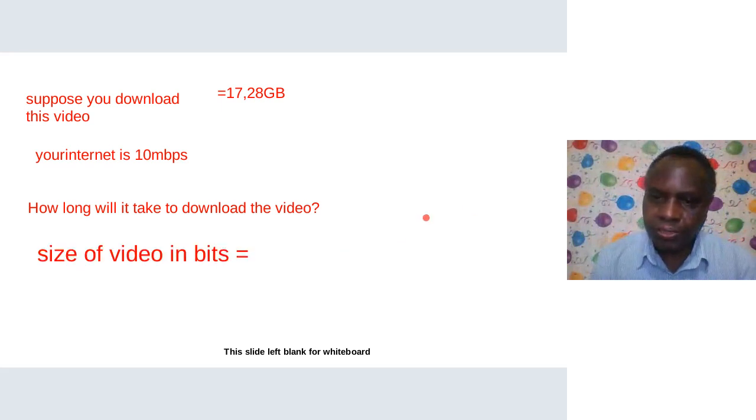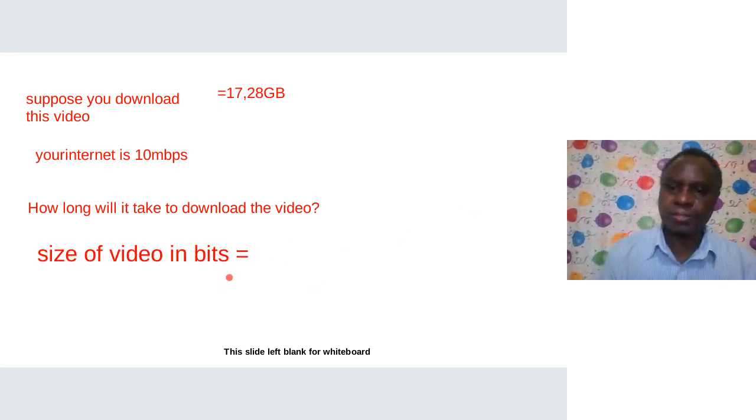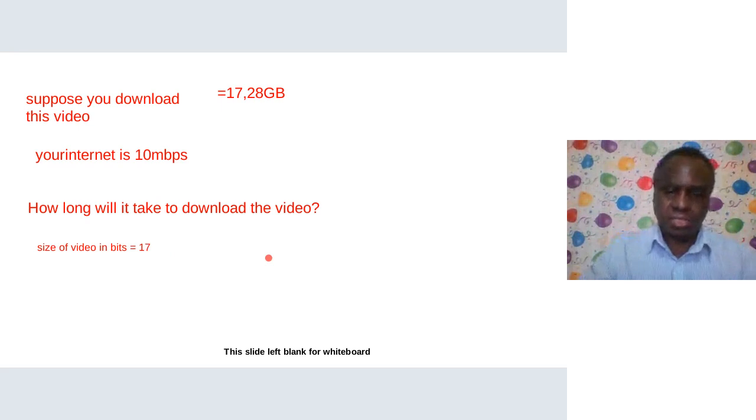So let's reduce it. All right, so the size of video in bits, let me expand this so you can also see. Okay, size of video in bits is going to be 17.28 GB multiplied by, you multiply by a billion.